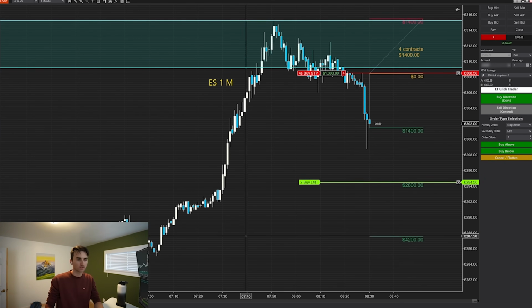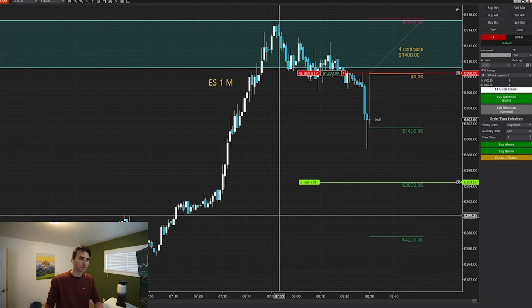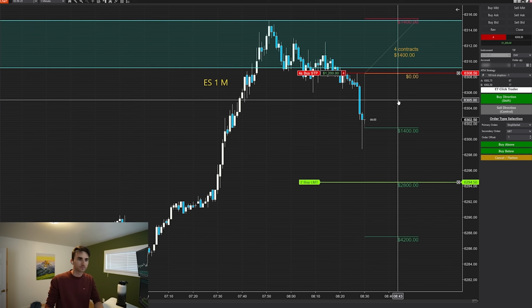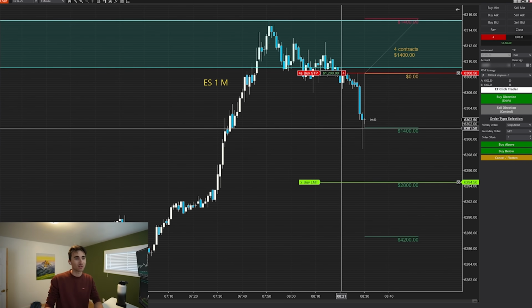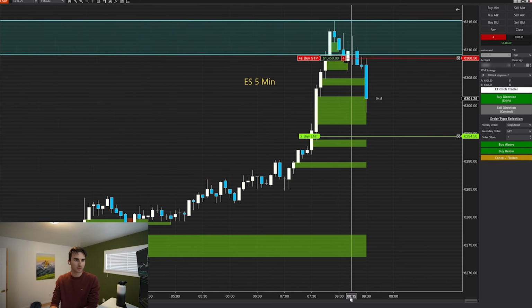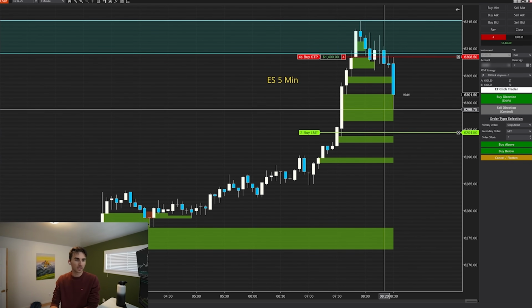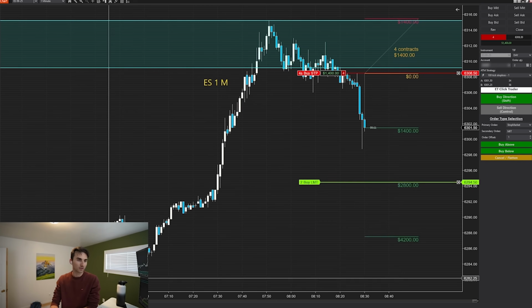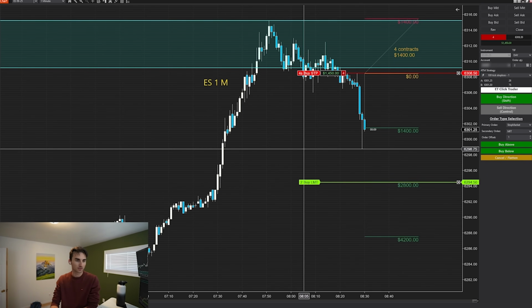It could totally just reverse up after that though. Would it suck to just get out at break even? Yeah, after all that. But that's a part of trading. I'm looking for this move. It has stabbed through most of this move already, which is kind of rough.